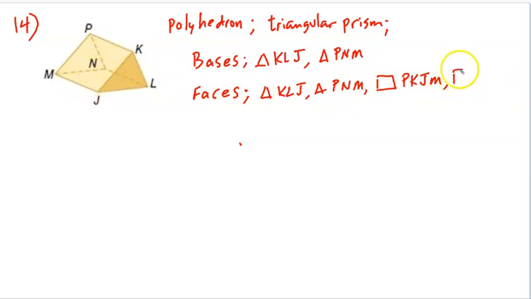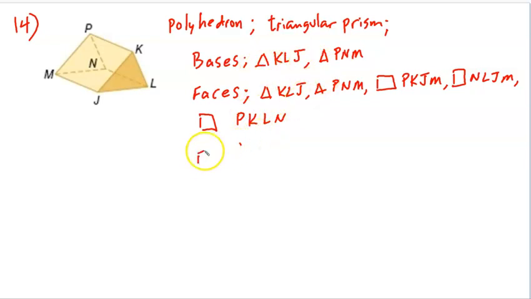NLJM. Let's see, I got this one, PKJM, I got the one that's facing. Now I need to get the one on the back side, so that's PKLN. All right, so we got 3, 4, 5 faces, got them all.